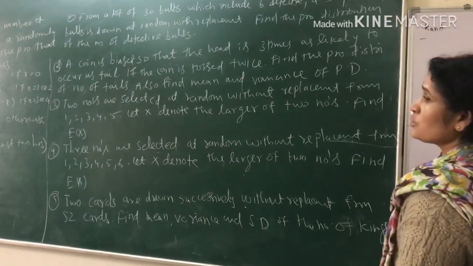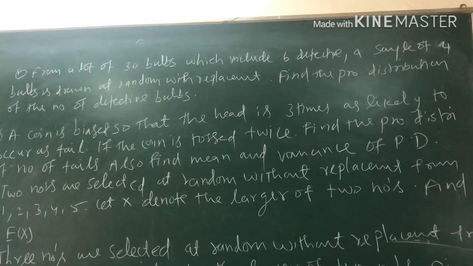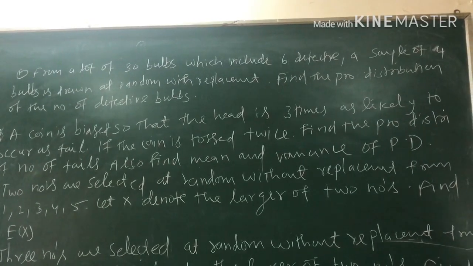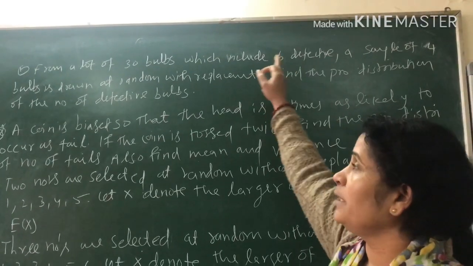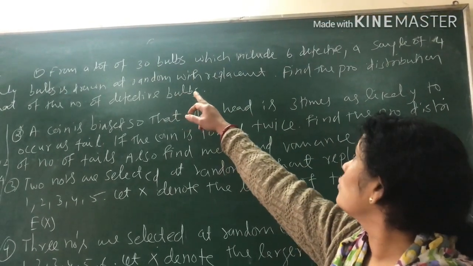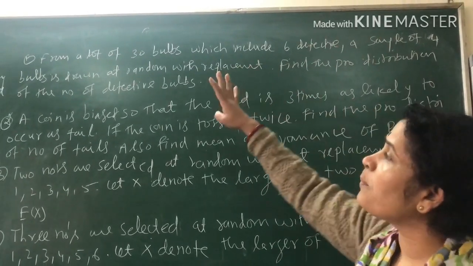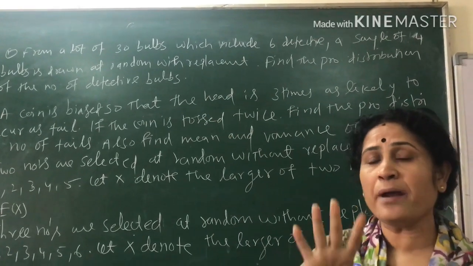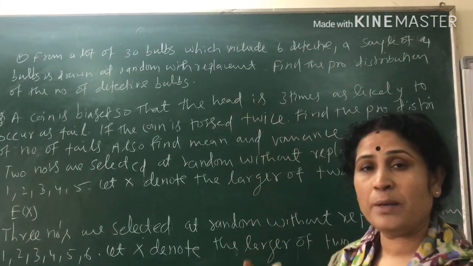Now see the first question. From a lot of 30 bulbs, which include 6 defective, it means 24 good ones and 6 defective. A sample of 4 bulbs is drawn, that means we are taking only 4 bulbs, with replacement.